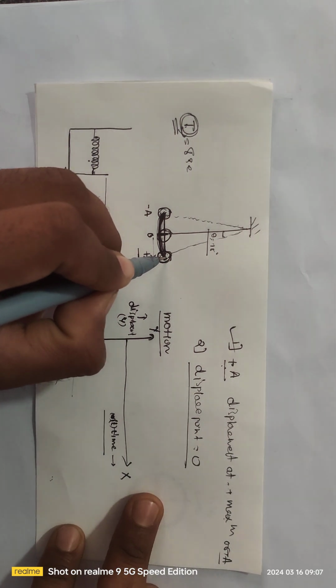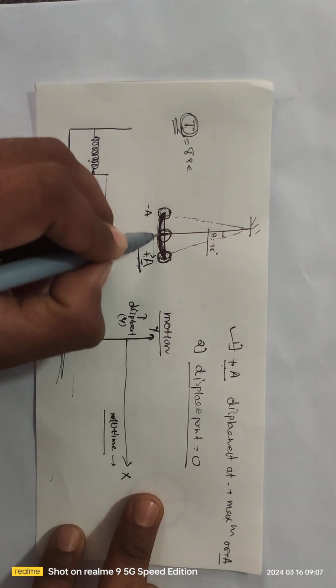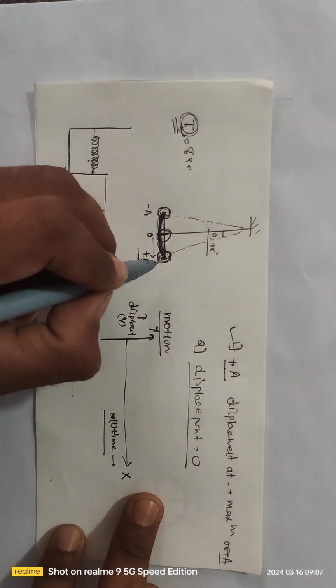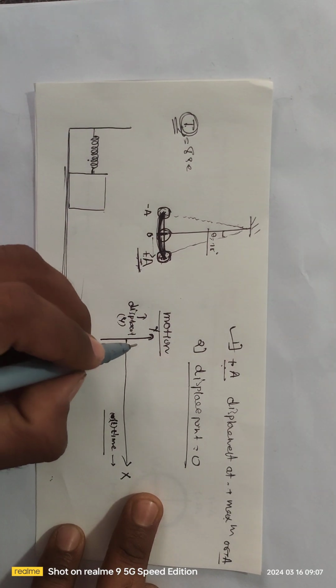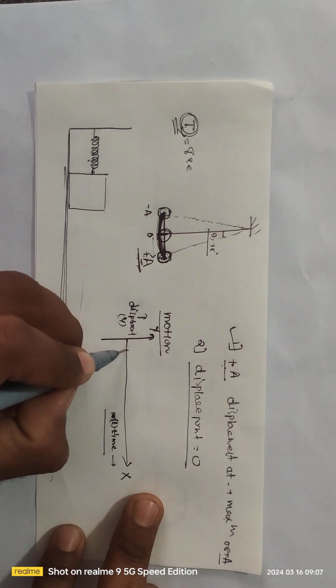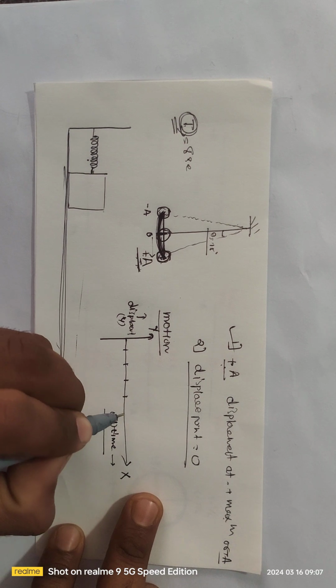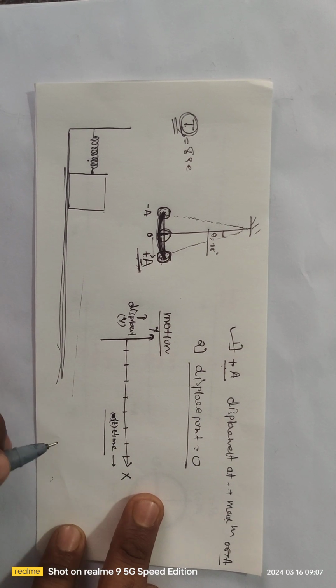After 16 seconds, it will be in the same position. So I want to represent it: 1, 2, 3, 4, 5, 6, 7 and 8.